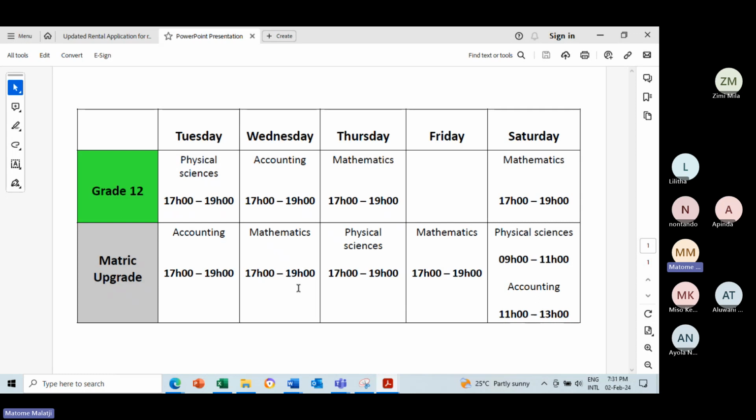So we just thought that maybe we should push the lessons to 5 o'clock to accommodate the students who will be attending classes at their respective schools. And then on Saturday, we have physical sciences running from 9 a.m. until 11 a.m. Immediately after physical sciences, we will be running a lesson on accounting from 11 until 13 hours. So yeah, I just wanted to share that.